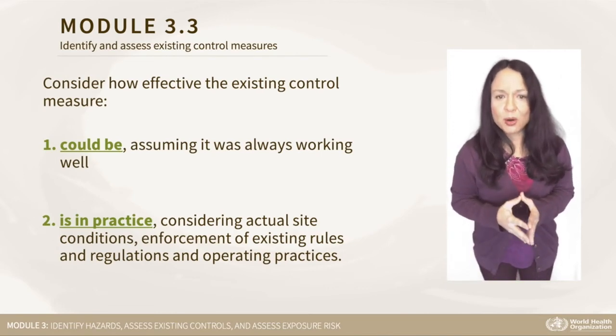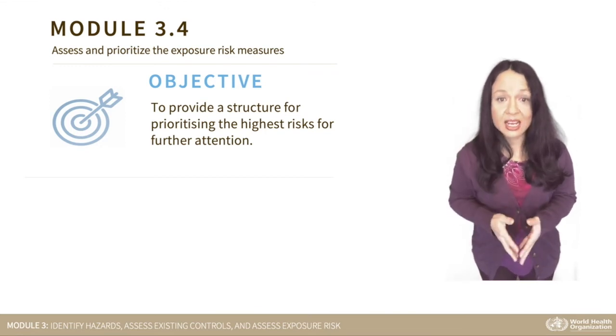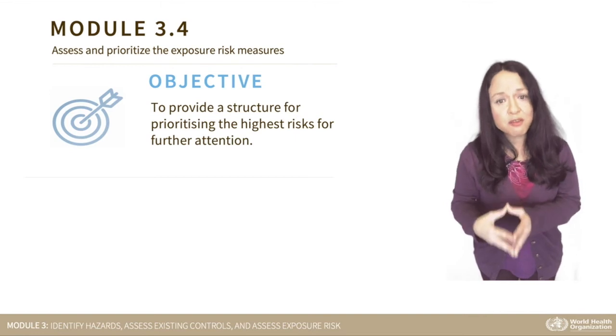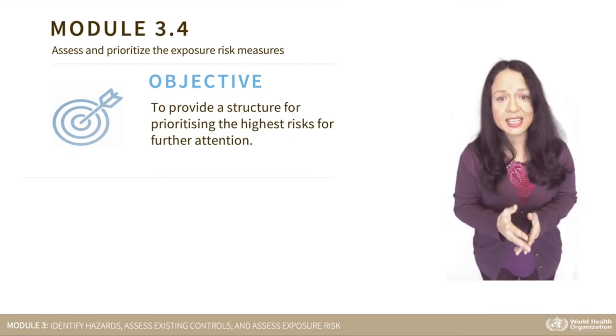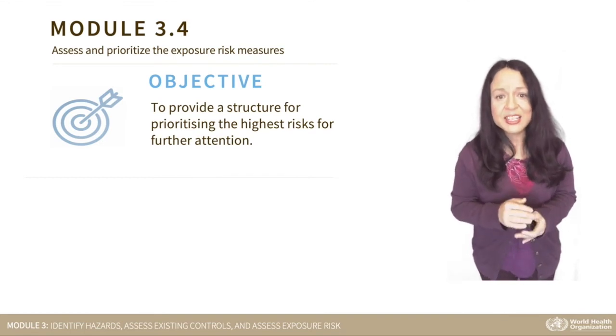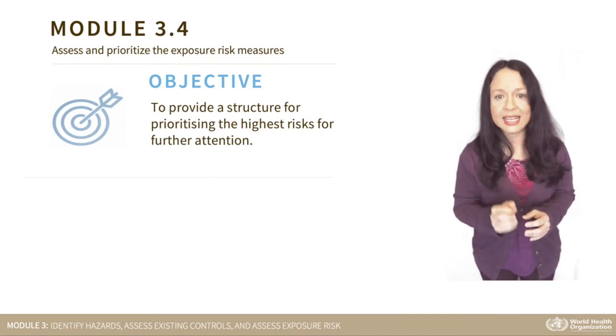In Module 3.1, we identified a large number of hazards and hazardous events. Now, in Module 3.4, we will establish the risk associated with each event. This module provides a structure for prioritizing the highest risk for further attention.